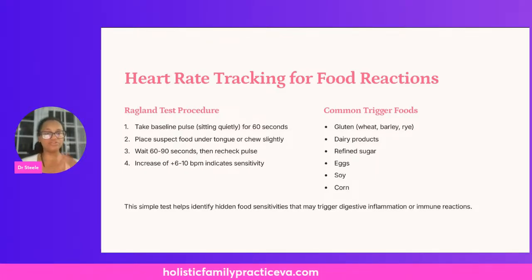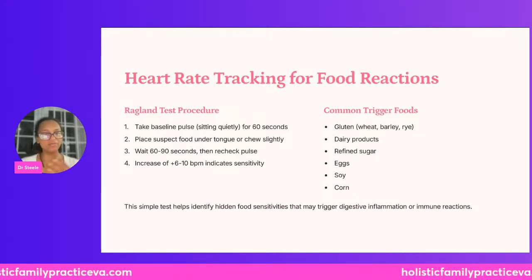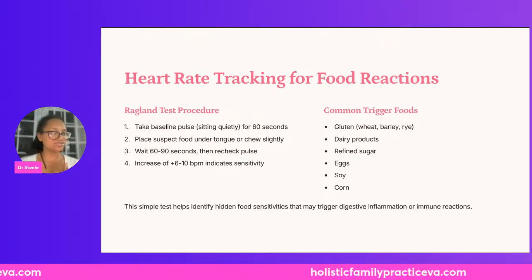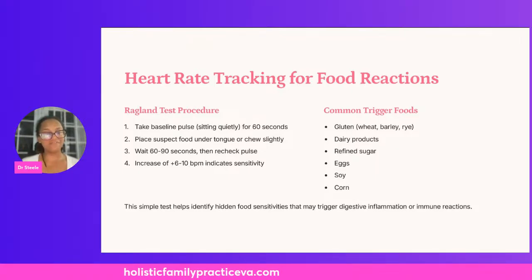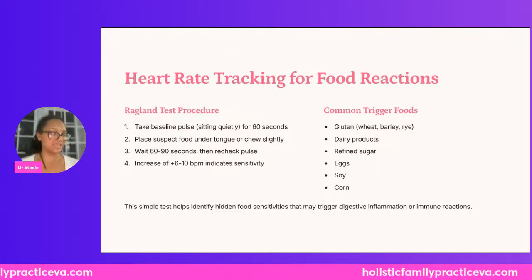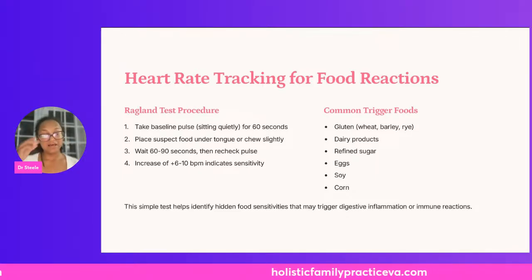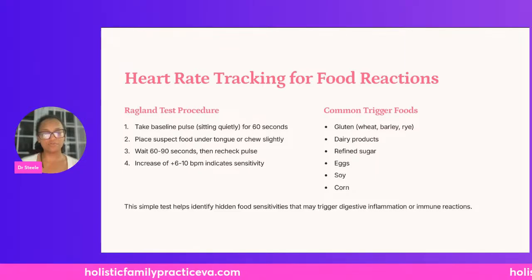Don't chew it or swallow it. Wait about 60 to 90 seconds and then check your pulse rate again. If there is an increase of a minimum of 6 to about 10, it's going to indicate a sensitivity, meaning that fight or flight response system, your stress response system, is going to be activated.